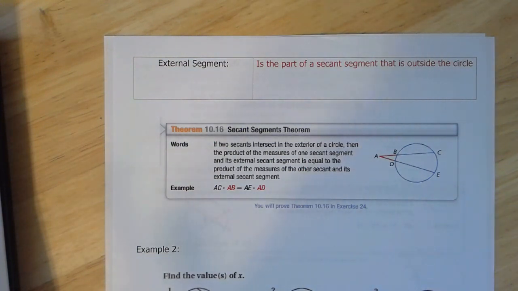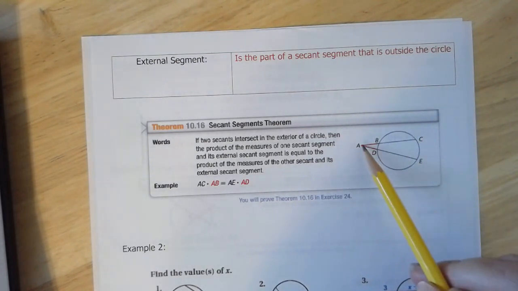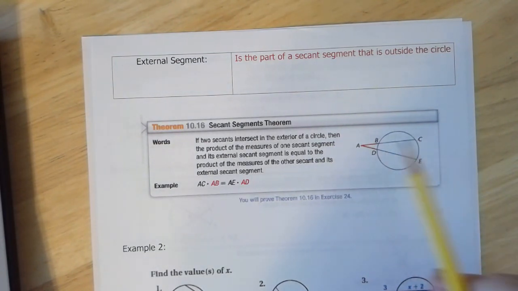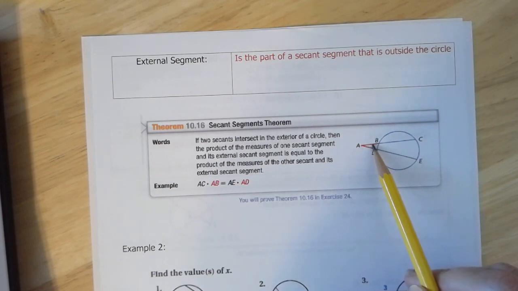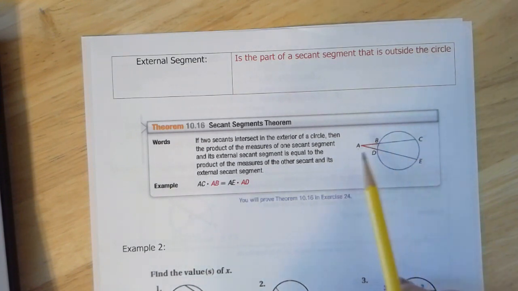It says if two secants intersect in the exterior of a circle, then the product of the measure of one secant segment and its external segment is equal to the product of the measure of the other secant and its external segment. So what this basically says is A to C times AB. It's the whole line times the exterior is equal to the whole line times the exterior.